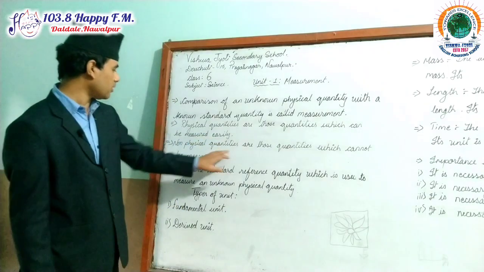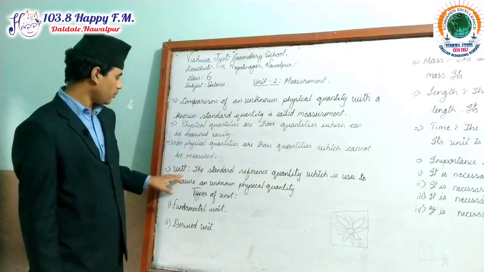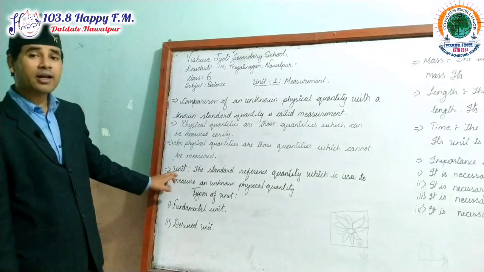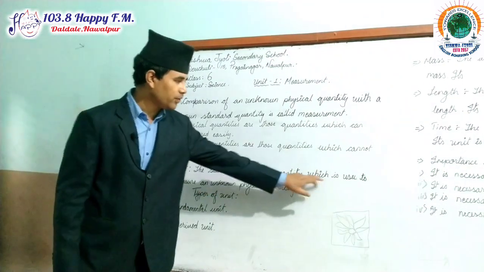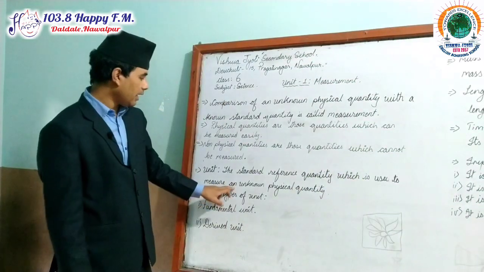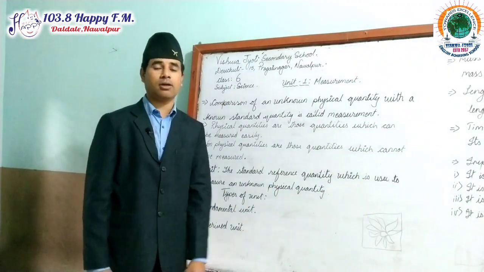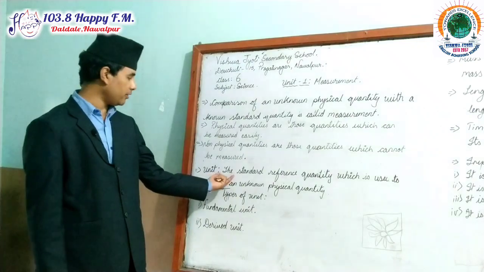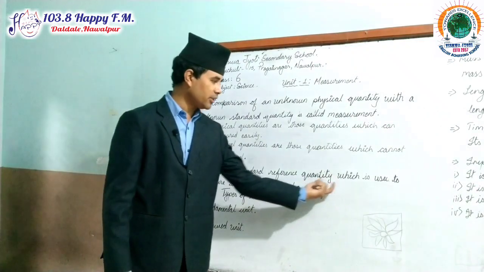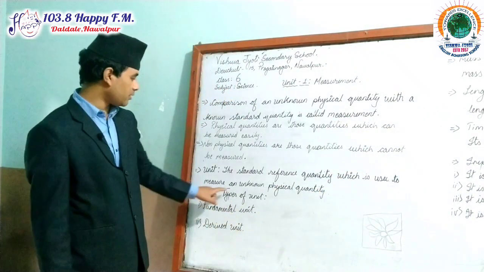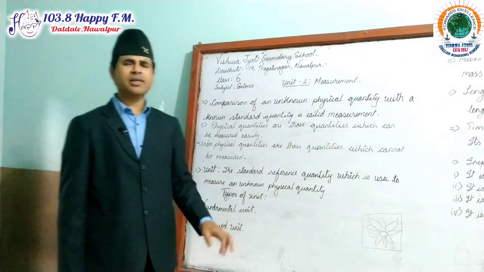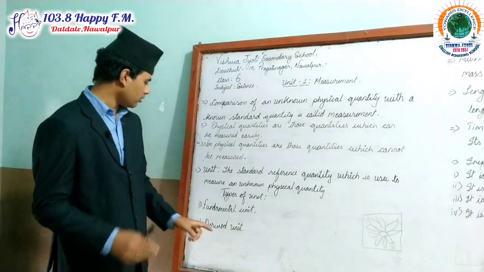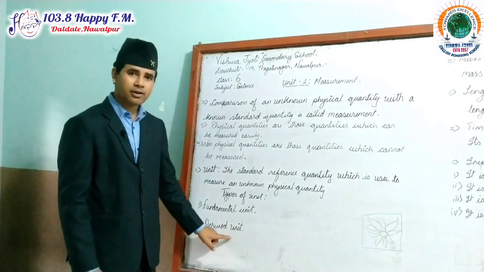Now after physical and non-physical quantities, we come to the topic of unit. What is a unit? At first we need to define this also. The standard reference quantity which is used to measure an unknown physical quantity is called a unit. Now basically units are of two types. They are called fundamental unit and derived unit.